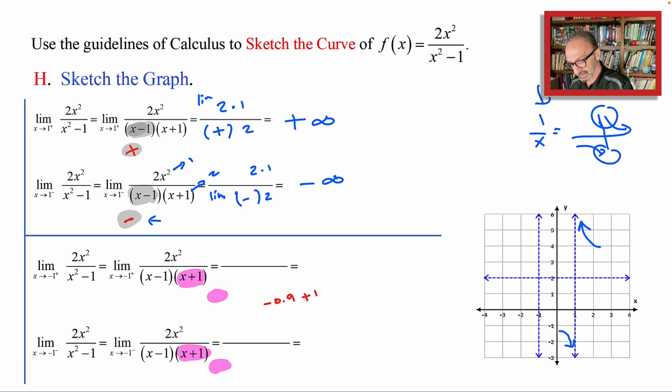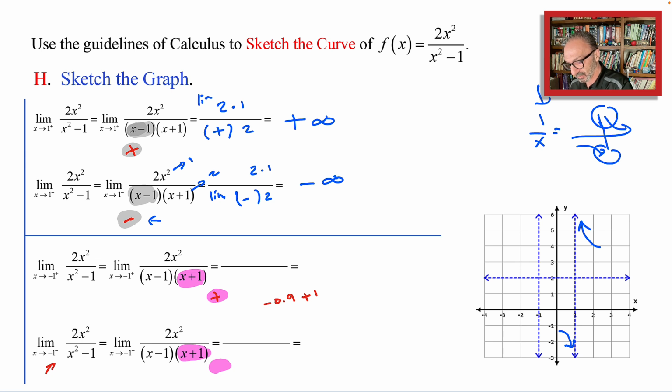Very small numbers, but positive. On the other hand, when x approaches negative 1 from the left, we're looking at negative 1.1.